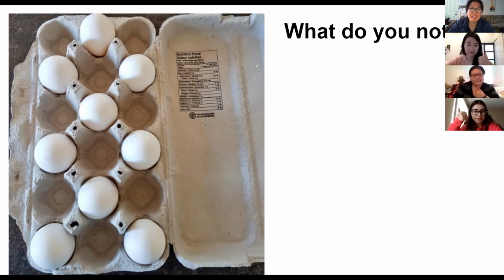Okay, Miss Yokimowicz. I see 9 eggs there. And then I see 9 empty spots where there could be eggs. So 9 plus 9 would equal 18 altogether. Yes. And I'm curious, how did you count the missing eggs?